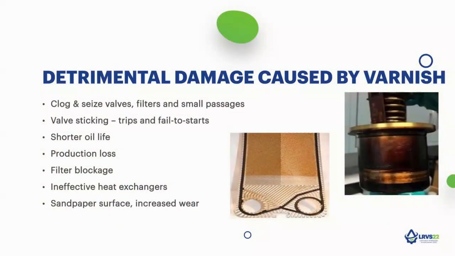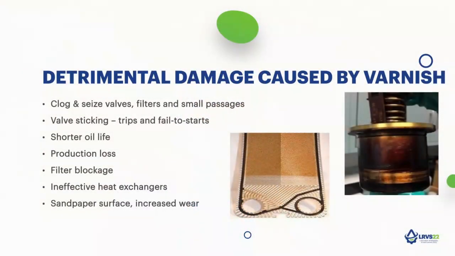We have shorter oil life. As the oil begins to oxidize, that varnish begins to form, that oil isn't going to last as long as it normally would. You're going to have a loss in production. You're going to see your filter get blocked. Ineffective heat exchangers. Because varnish loves the cool zone areas in the systems, the heat exchangers are the ones that get impacted the most, and then they have to work double time as well to keep the oil cool.